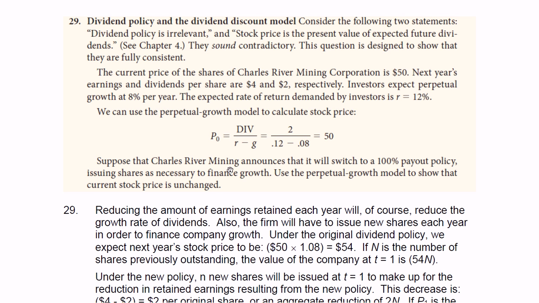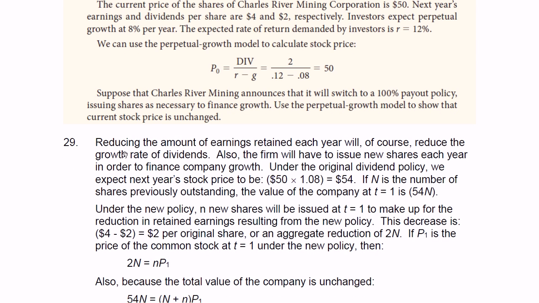Suppose that Charles River Mining announces that it will switch to a 100% payout policy, issuing shares as necessary to finance growth. Use the perpetual growth model to show that the current stock price is unchanged. So in this case, the firm does not give out more dividends from nowhere. It issues new shares to finance its growth.